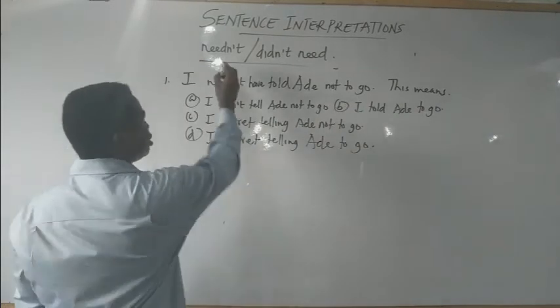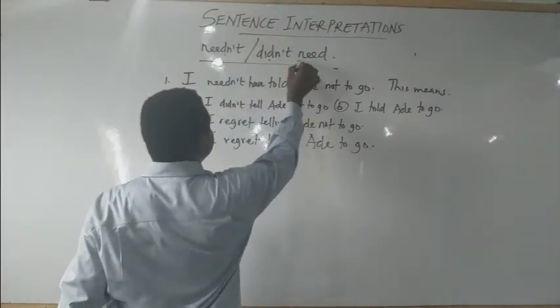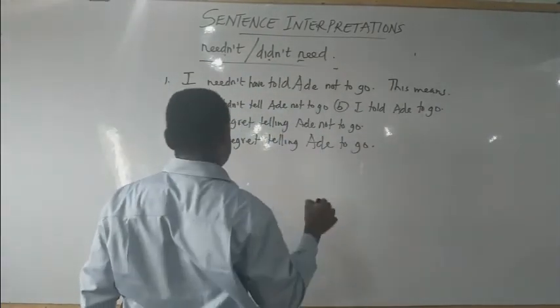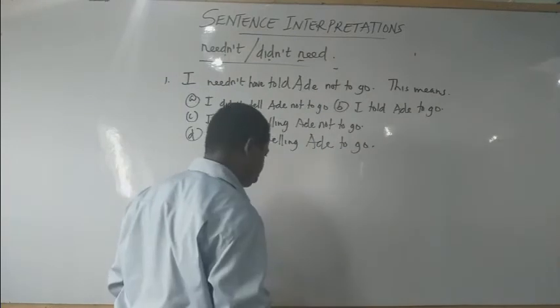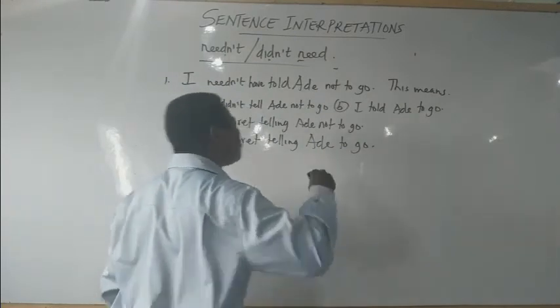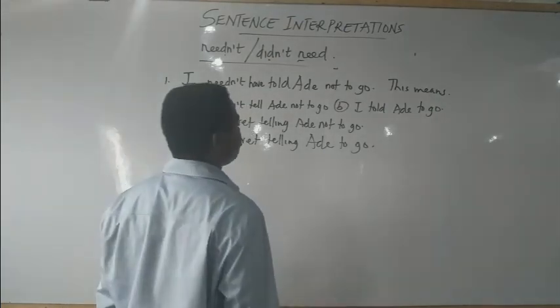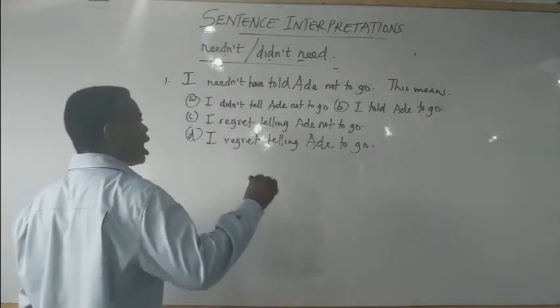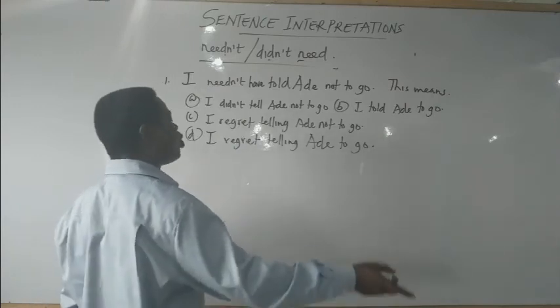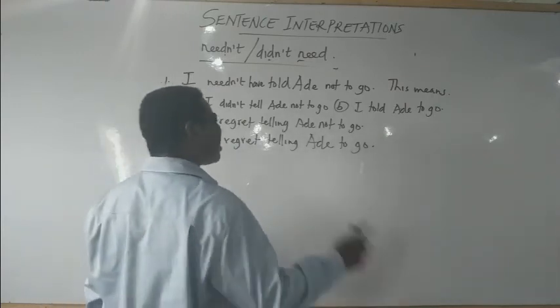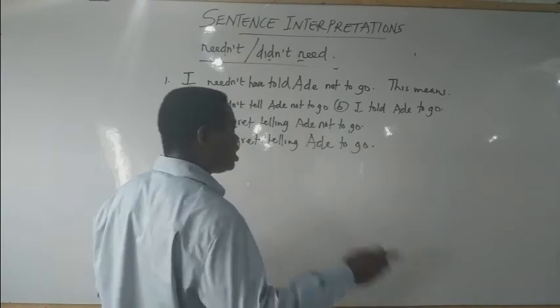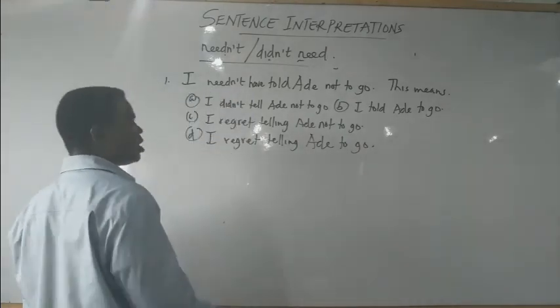As I have explained, needn't or didn't need means an action that is not necessary, but then it is performed. Therefore, you regret its performance. The action is not compulsory or necessary, but you went ahead and performed it, and therefore there will be a regret over its performance.